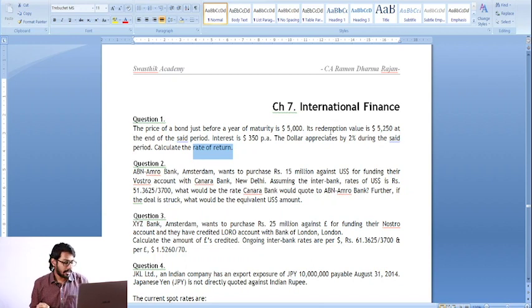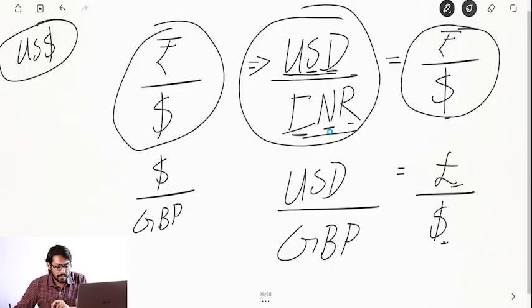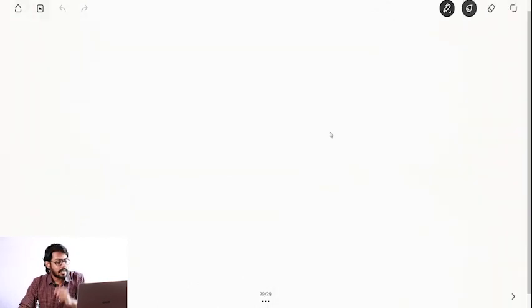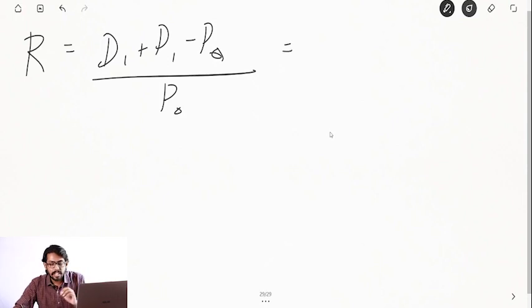So you can pause and you can resume right now. Calculate the rate of return. Now R equals D1 plus P1 minus P0, that's the same concept. This was a share, but you can apply the same concept of return to a bond. You're getting an interest. How much is the interest? Interest is $350 plus you are getting a gain on redemption of 5,250.